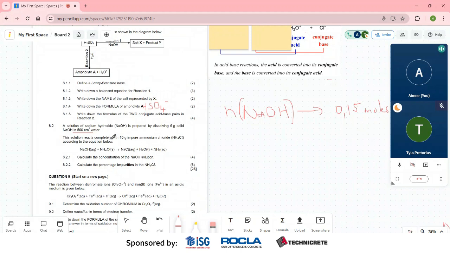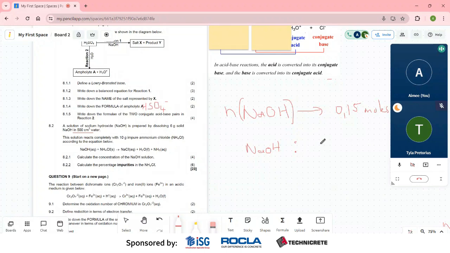So you know that 0.15 moles of NaOH reacted completely because it says that the reaction ran to completion. And the only one that had impurities was the ammonium chloride. So what is my reaction ratio for NaOH to the substance that we're interested in? We're interested in the ammonium chloride.